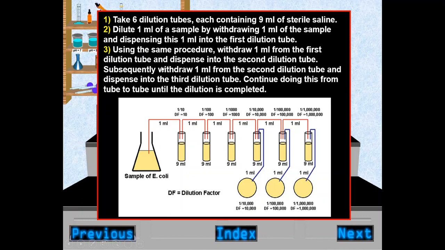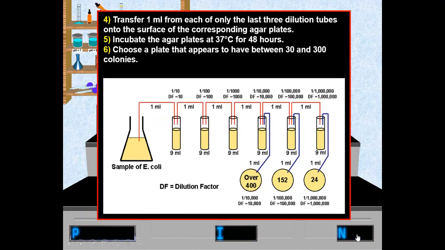Third, using the same procedure, withdraw 1 milliliter from the first dilution tube and dispense into the second dilution tube. Subsequently, withdraw 1 milliliter from the second dilution tube and dispense into the third dilution tube. Continue doing this from tube to tube until the dilution is completed.